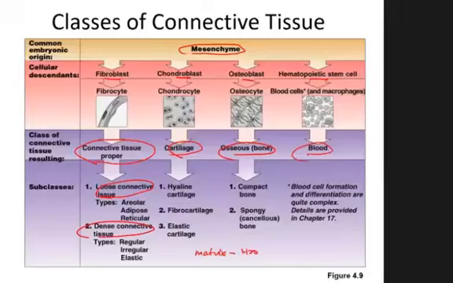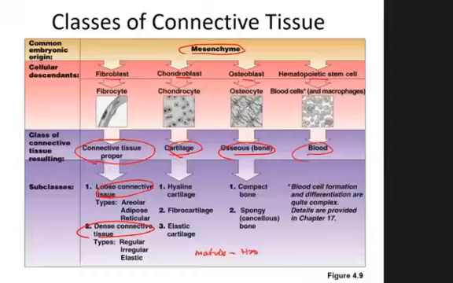Now, when you say dense connective tissue, the cells are spaced out from each other, but in between them are just a lot of fibers located in that tissue. So that is going to be dense connective tissue. That's why we call it dense, because there are a lot of fibers in between the matrix.